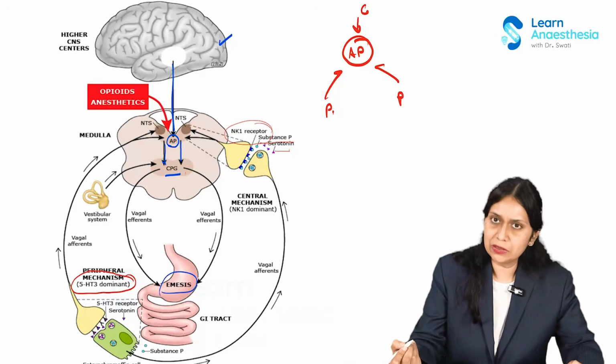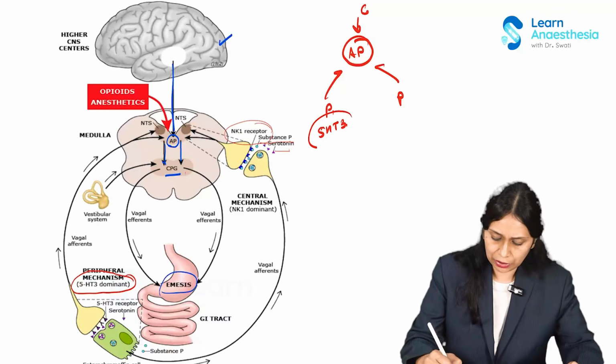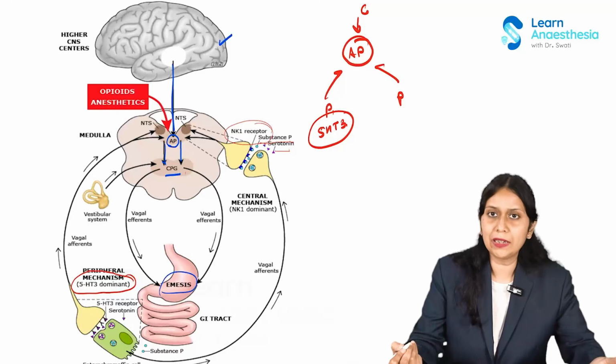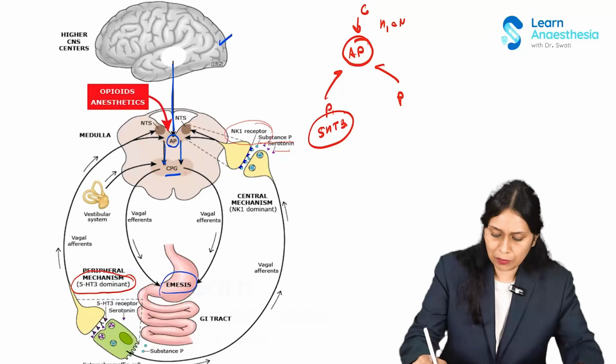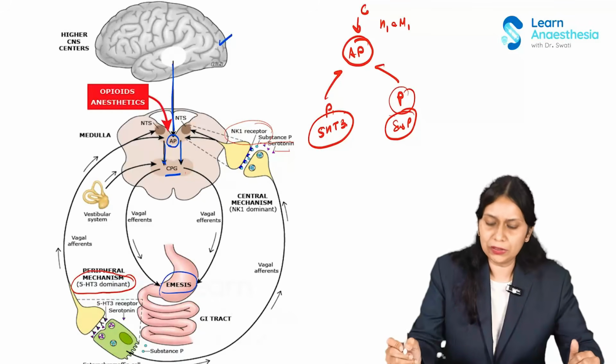The neurotransmitters can be many. The neurotransmitter for the peripheral mechanism is predominantly 5-HT3, and for central stimuli it is mostly H1 and the muscarinic receptor. Then for peripheral we have substance P also, that is the neurokinin 1 receptor.